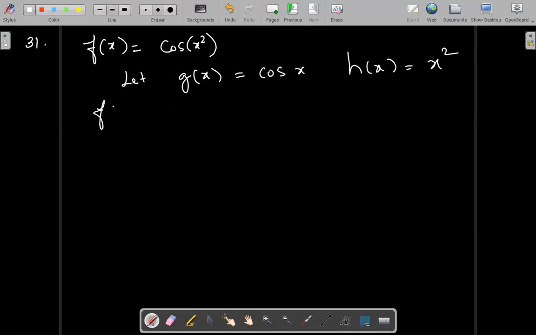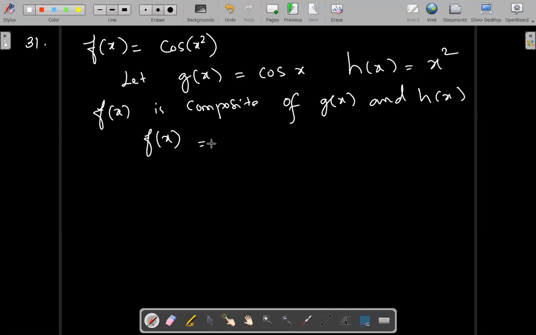So f of x is composite of g of x and h of x. How? f of x can be written as g of h of x. This is what the composite is.